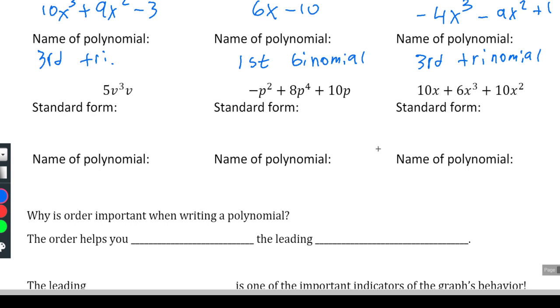I'm going to assume this is a typo again, and that it is supposed to be 5v cubed plus v, not 5v cubed v. So for standard form, which is already in standard form, 5v cubed plus v is a third degree binomial.